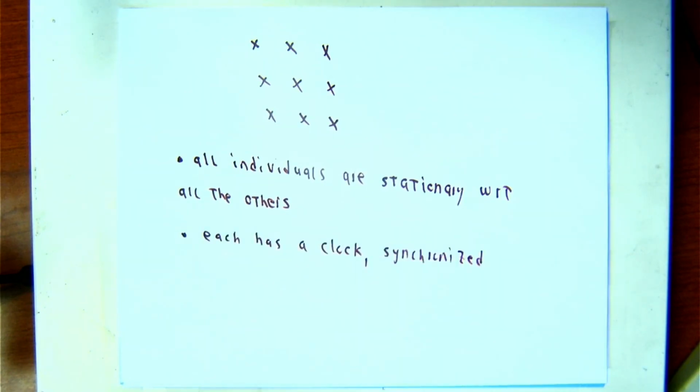Also, each one is going to have a clock, and these clocks are going to be synchronized, not visually according to an individual, but actually synchronized. Also, we're going to assume that they're running at the same rate and they stay that way.